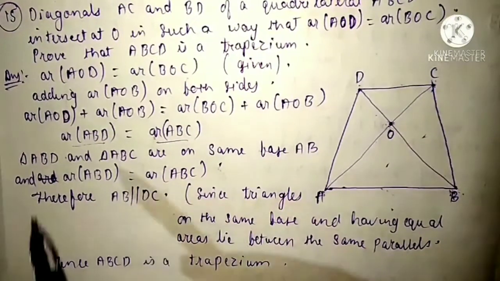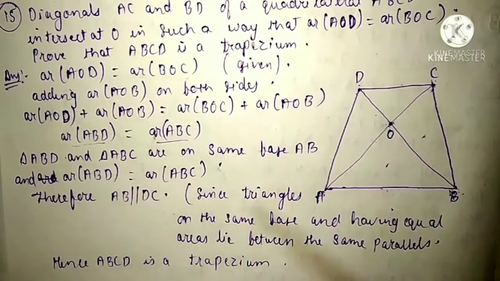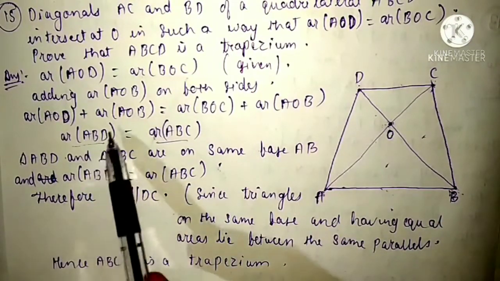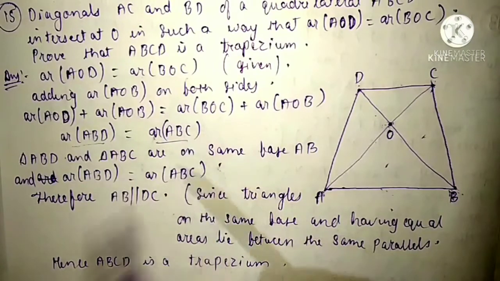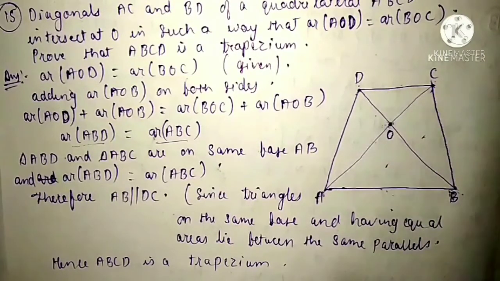So we will write triangle ABD and triangle ABC are on same base AB, and area of ABD is also equal to area of ABC. Therefore AB is parallel to CD or DC.